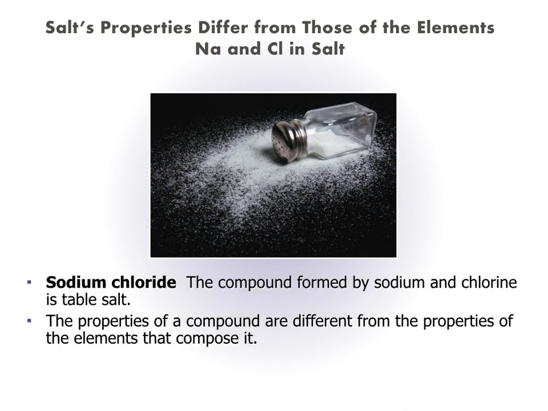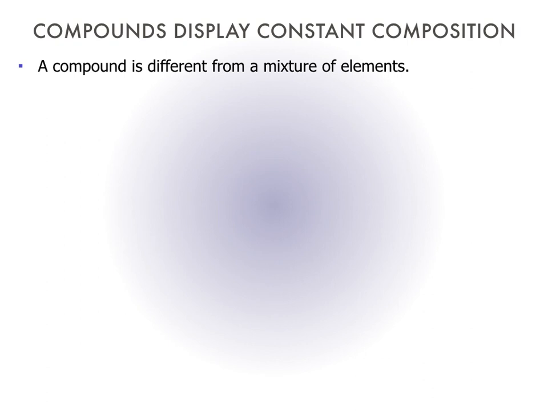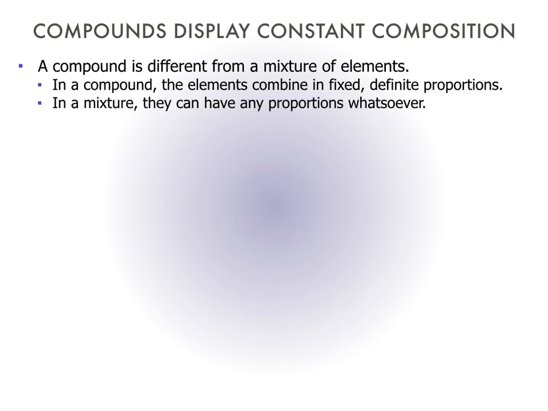Also, compounds display constant composition, and what do I mean by that? A compound is, first of all, different from a mixture of elements, just like we talked about before. And in a compound, the elements combine in fixed, definite proportions, right? So for every water molecule, there's always 2 hydrogens and 1 oxygen.